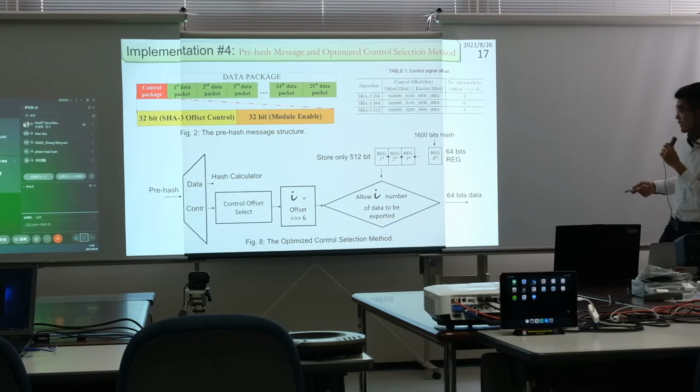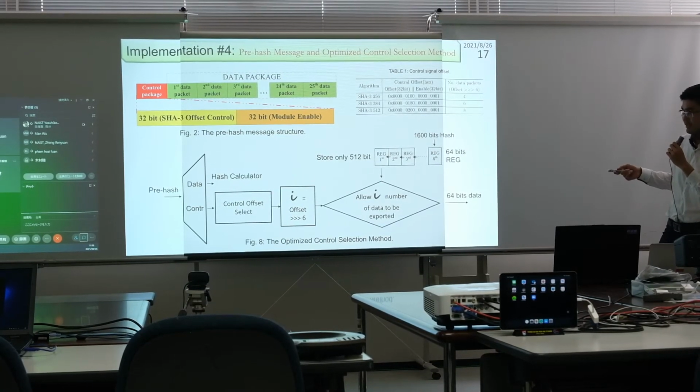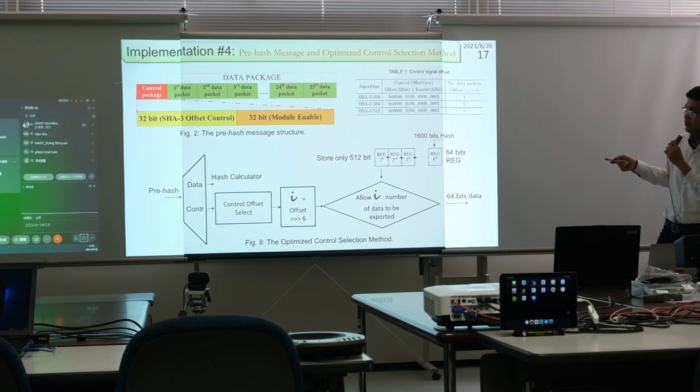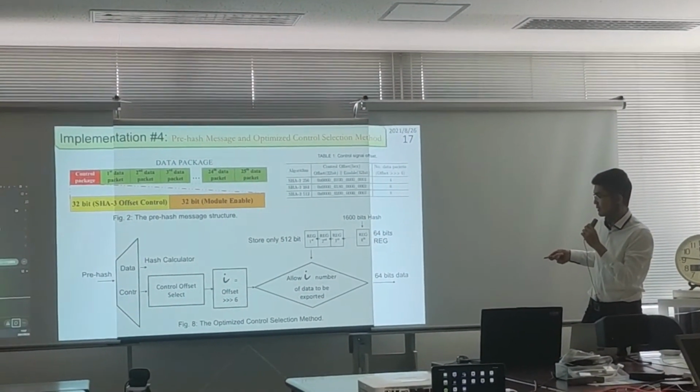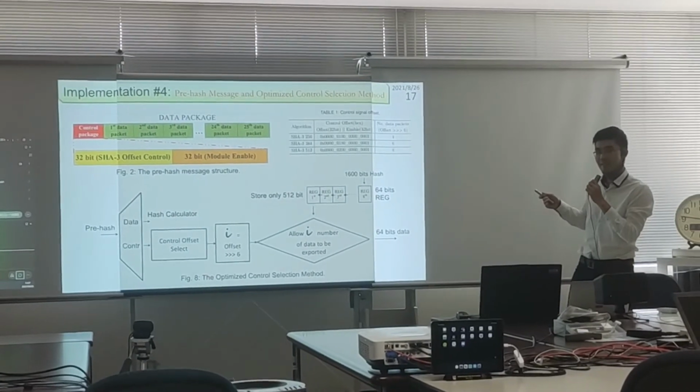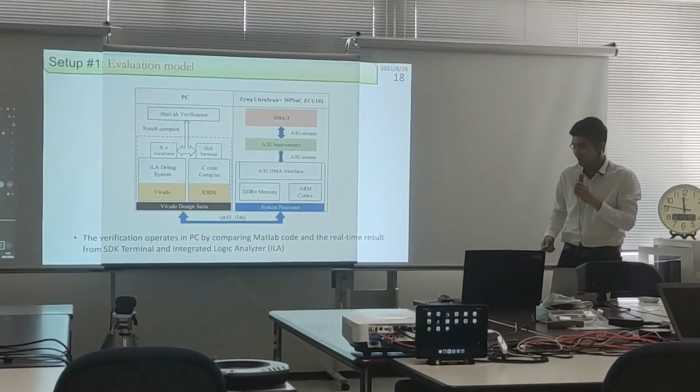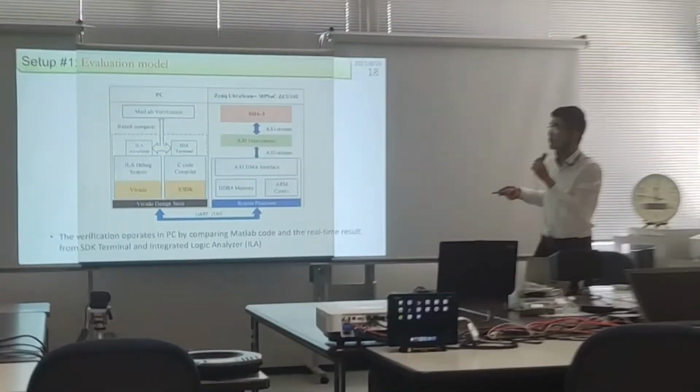So how it works? You can see the pre-hash gets into the data, which is the control, so we can get the number of 64-bit words we need to store out by the DMA accelerator.